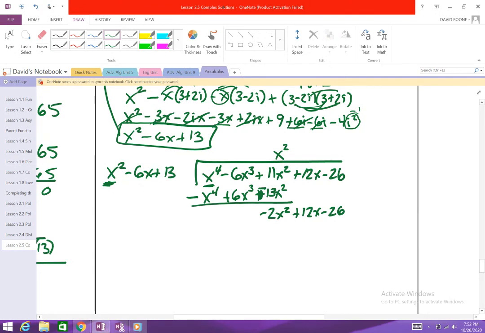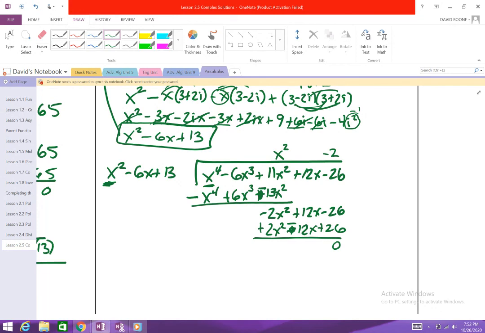Alright, now I'm looking to see what do I multiply x squared by to be negative 2x squared. Well, it's just negative 2. I'm going to line that up over here, just a single term. Multiply by negative 2. Negative 2 times all this would be negative 2x squared. Negative 2 times negative 6 is a positive 12x. Oh, look what's happening. Negative 2 times 13 is negative 26. Change signs, and they'll go away. It should have happened.